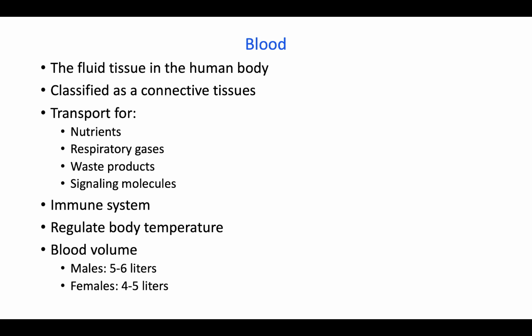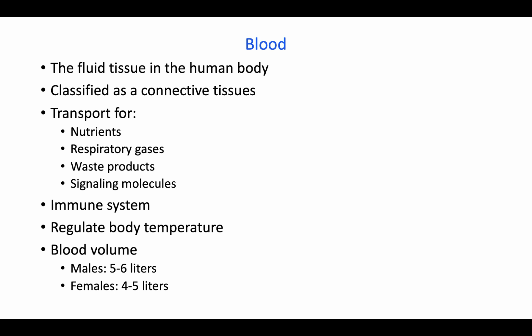Blood carries many of the hormones that regulate body processes from one part of the body to another part. The blood cells make up an important part of the immune system, which protects against foreign substances such as microorganisms and toxic molecules.